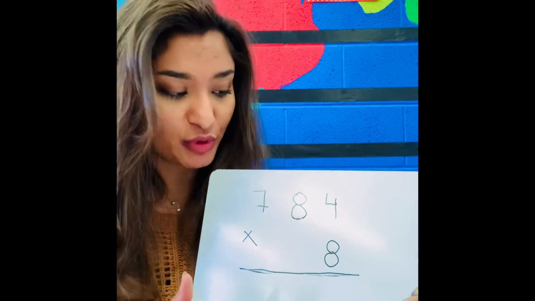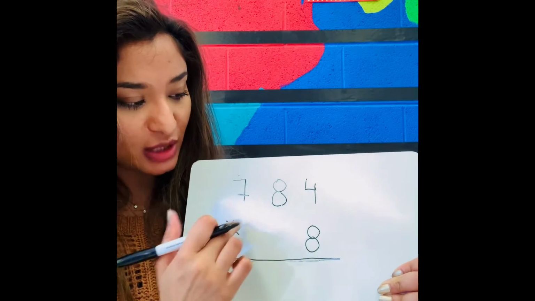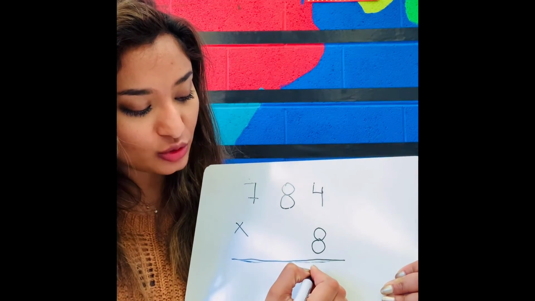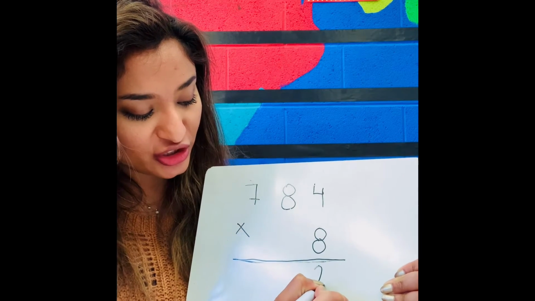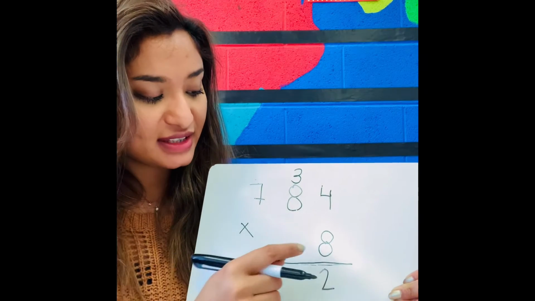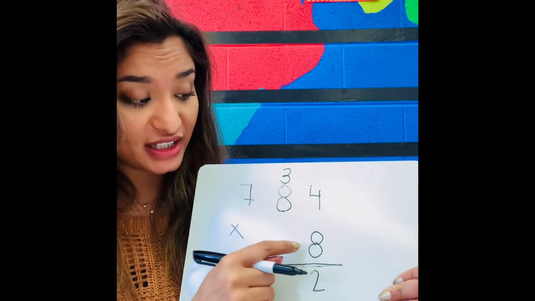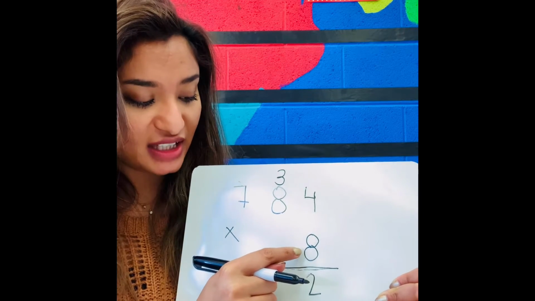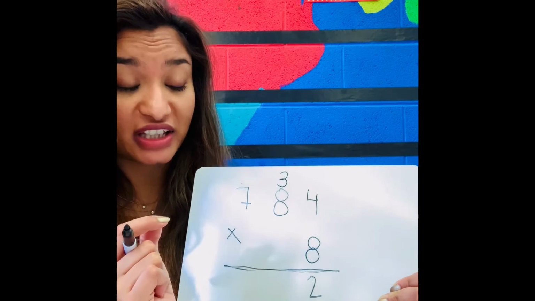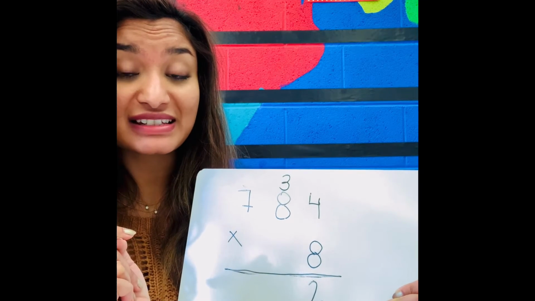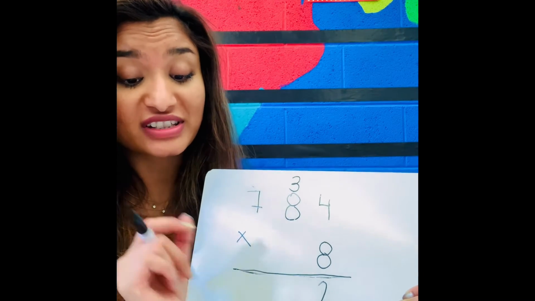Okay, but you should be practicing every day. So 8 times 4 gives me 32. So I'll write my 2 here and carry my 3 at the top. So I'm done with my 8 times 4. Now I have to multiply my 8 times 8, which is my tens place.